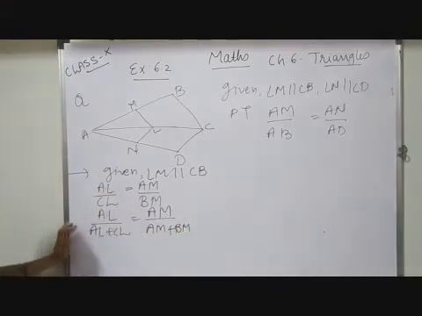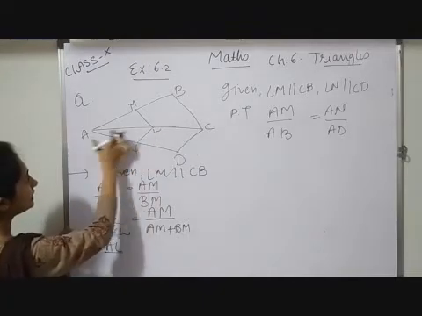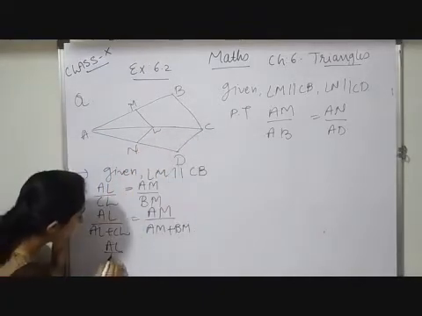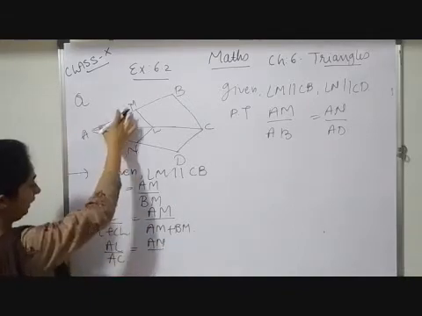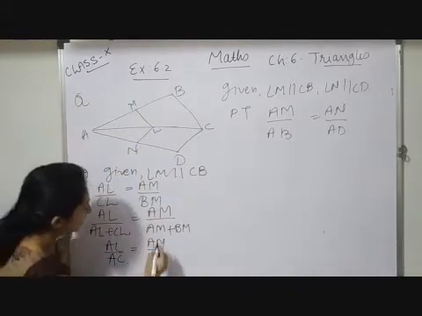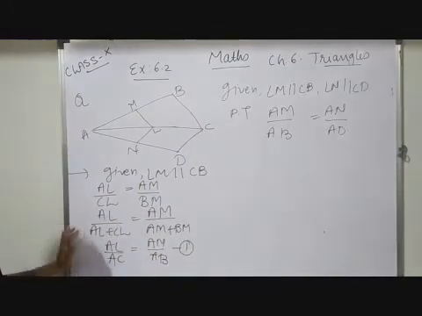Now observe what we are getting. AL upon AL plus CL is nothing but your side AC, which equals AM upon AM plus BM, which is nothing but your side AB. Let this be your equation number 1.